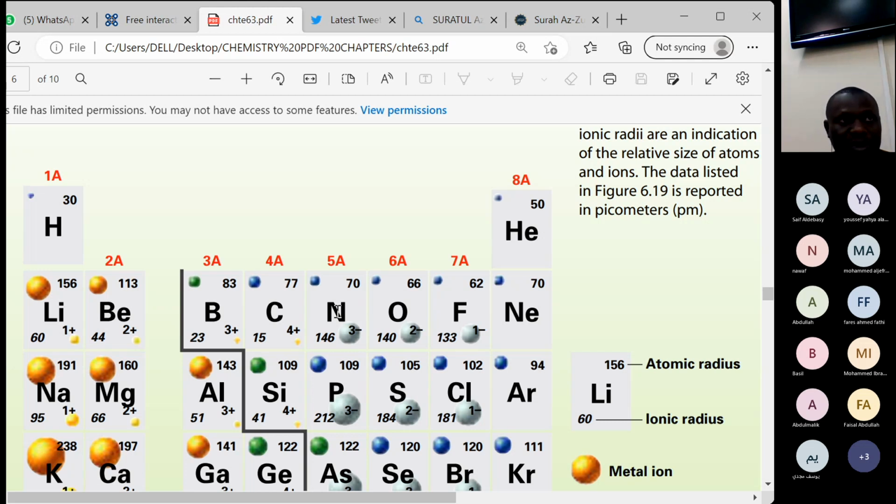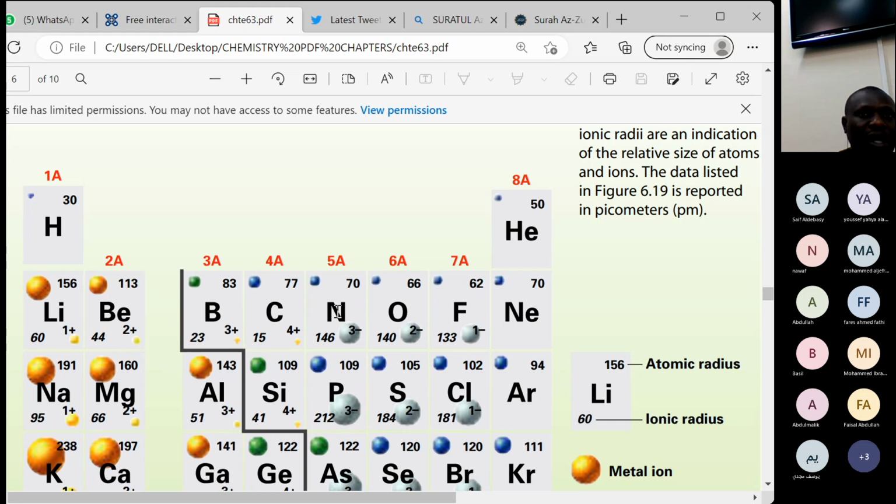For the anion, it is formed when an element gains electrons, so it will have more electrons. Because of this, the effective nuclear pull is going to be less when the ion is formed compared to the atom where the ion comes from. So the ionic radius of an anion will be more than the atomic radius.